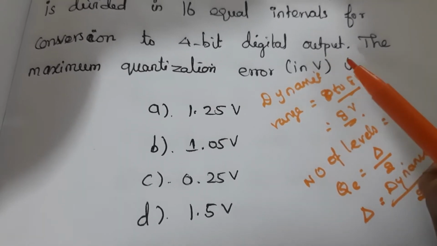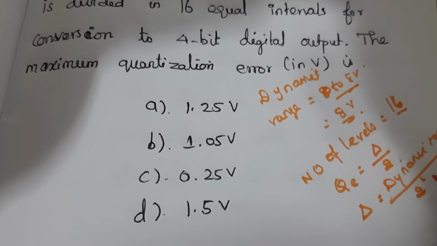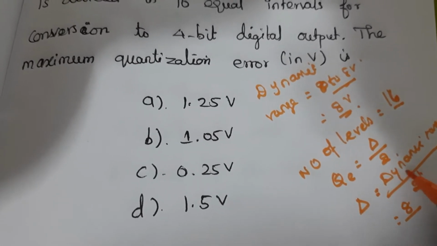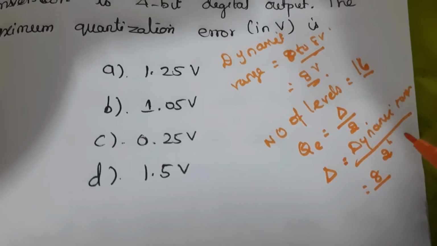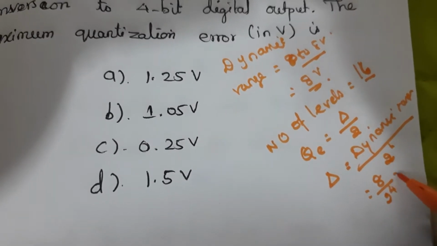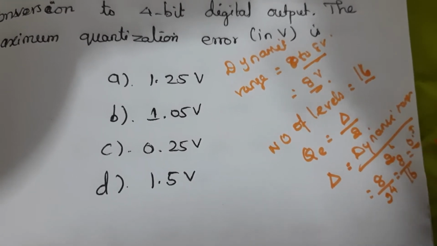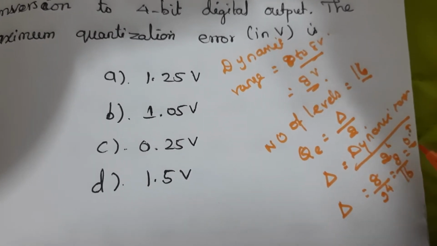Here this is 4-bit digital output, so L is equal to 4. Dynamic range is 8 and L is 4. So 2 to the power 4, we will get 8 divided by 16. So the delta value is 0.5.